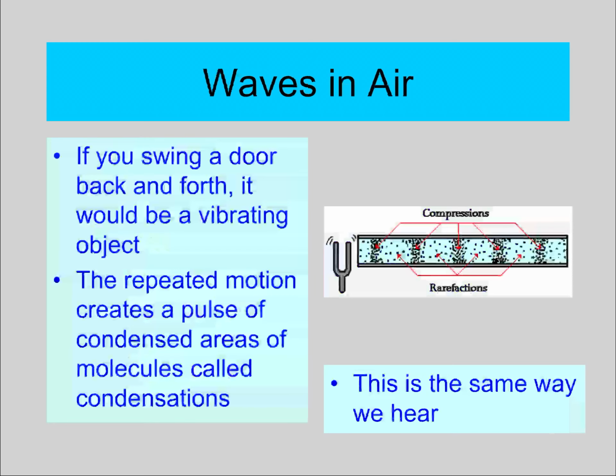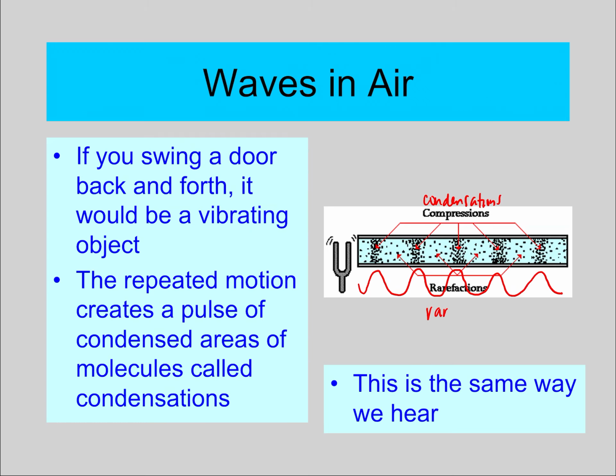What happens is it creates a pulse where you're going to have low parts, high parts, low parts, high parts. So it's going to look just like the wave we talked about with the longitudinal. Now what's happening here is the molecules are condensing together, which we're going to call condensations or compressions. And then in the low parts where the molecules are very far apart, they're called rarefactions.